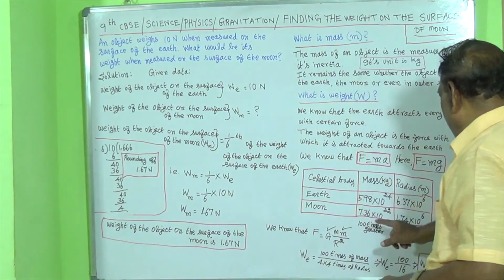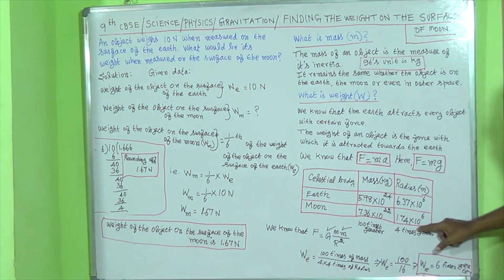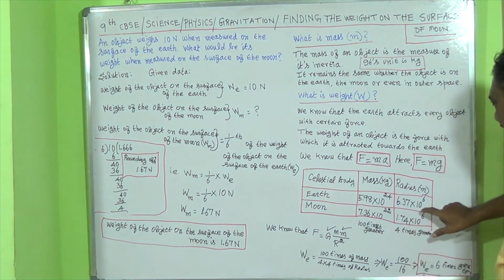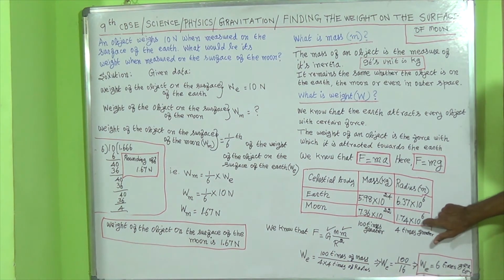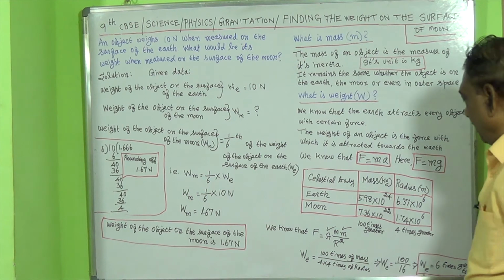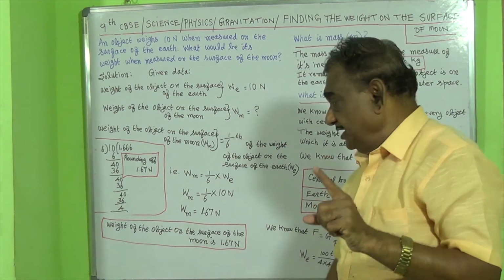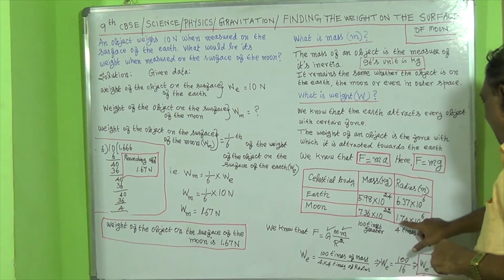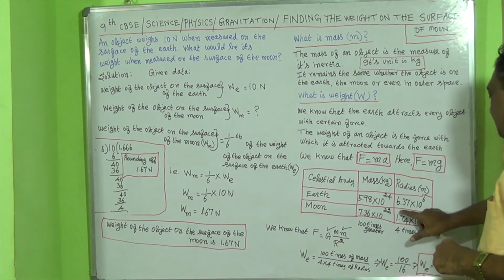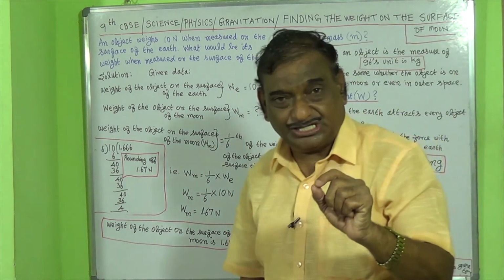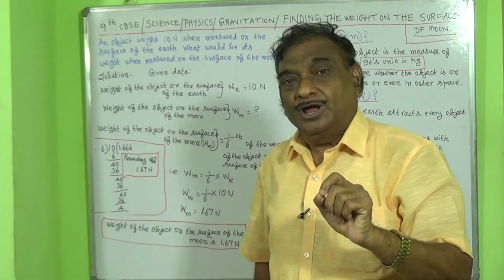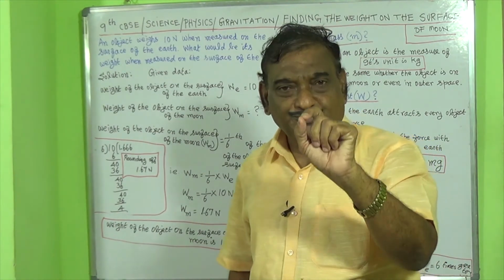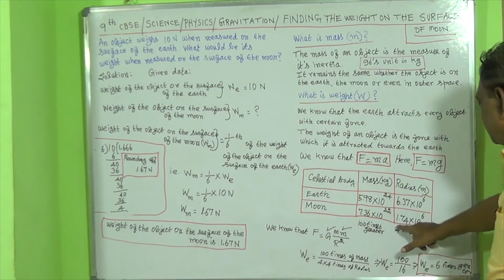On comparing the radius, we understand that here also 10 to the power of 6, here also 10 to the power of 6. But the difference is 6.37 and 1.74. This 6.37 is nearly 4 times this 1.74.